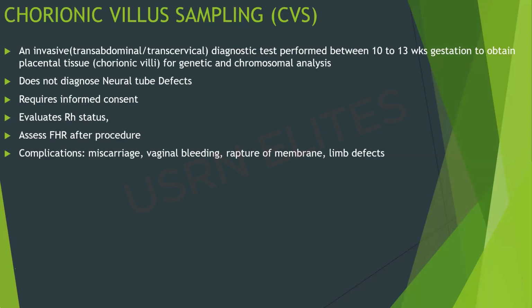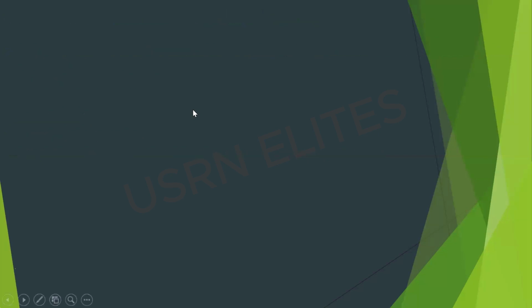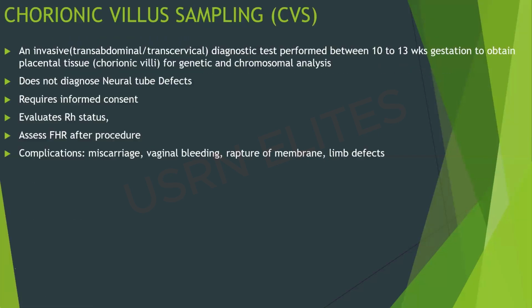This one always comes earlier, before amniocentesis. Do you understand? Yes, boss. All right. So that is that for this. Next time we are going to deal with ectopic pregnancy.